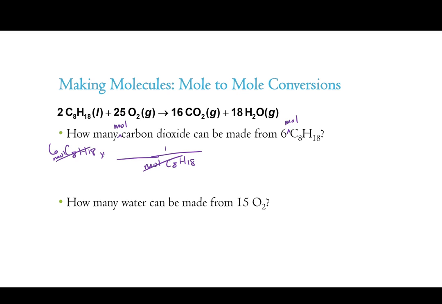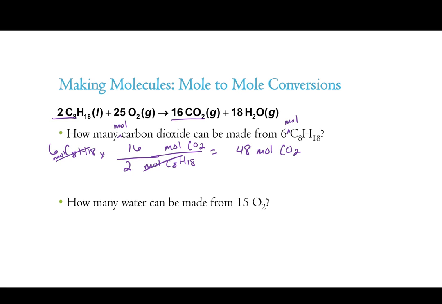It's asking for mole carbon dioxide, so I'll put that on the top. And then I'll go to my balanced chemical reaction to get the ratio. For every 2 moles of butane, I can make 16 moles of carbon dioxide. So when we do this math, we'll get 48 moles of carbon dioxide.